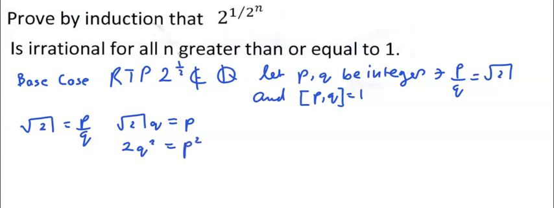And we recall that q and p, and therefore q squared and p squared, are relatively prime.